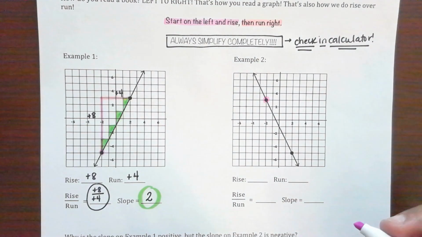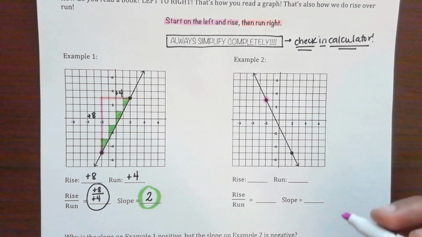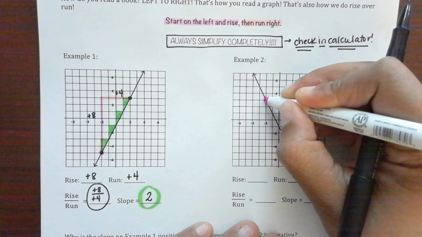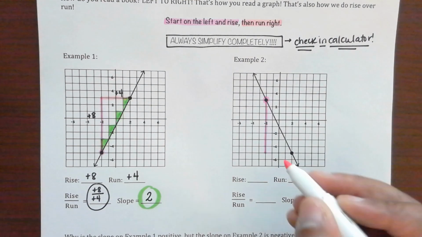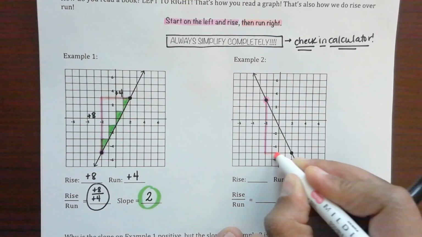To get to my next point, do I have to rise upward or rise downward? Down. And I go to where the point actually is. From this corner, what direction do I need to go to meet my point? The right again.